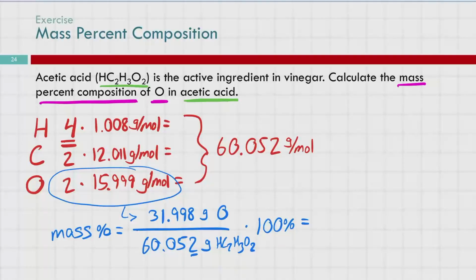I think it will be 5 significant figures. So 31.998 divided by the thing on the bottom times 100. And we get 53.284% oxygen. So again, it's about half oxygen. Getting numbers close to 50% is pure coincidence.